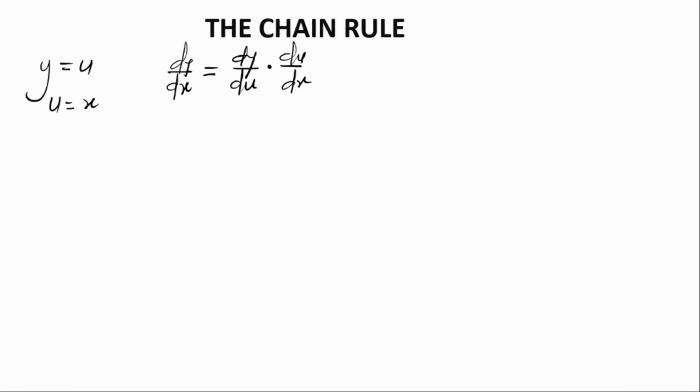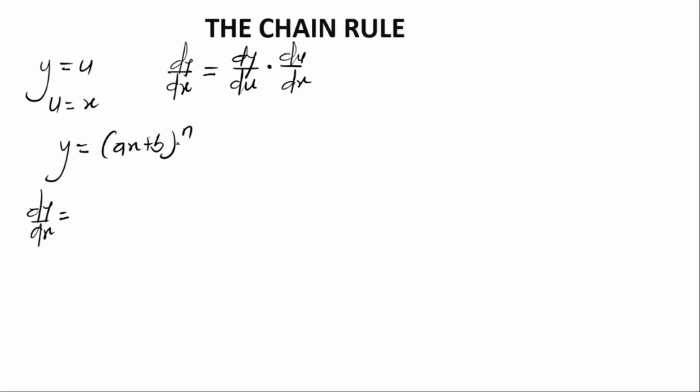Alright, let's look at an example. Assuming we have a function of the form y is equal to ax plus b raised to the power n, and we have to find dy dx of this function. First of all, we differentiate this function as a whole, and then secondly we differentiate what we have in the bracket.